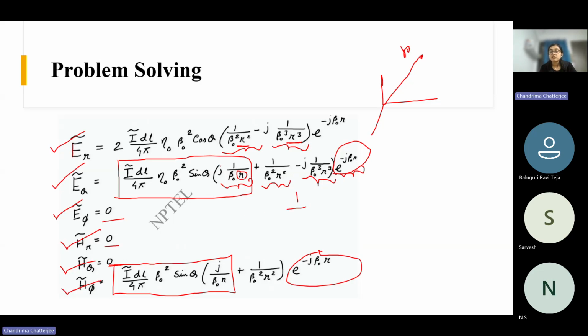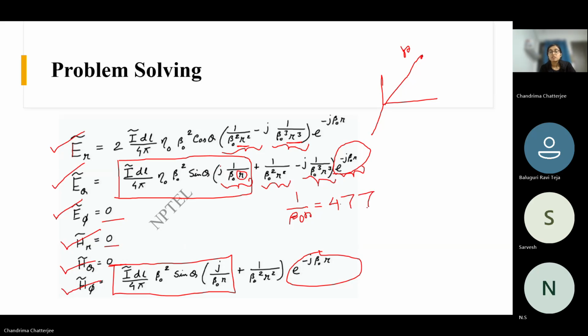So 1 by beta naught r, where r is 10 centimeter. So this is 4.77.